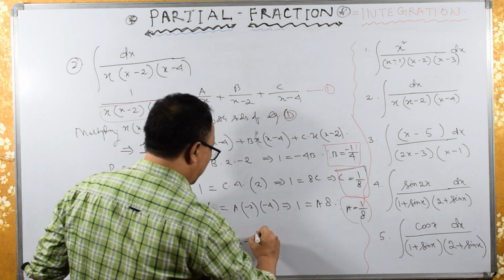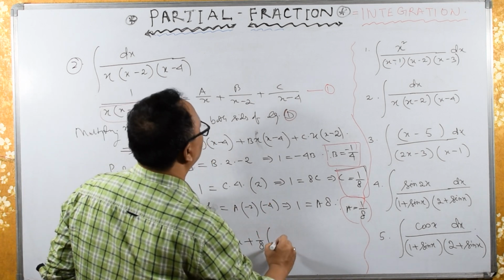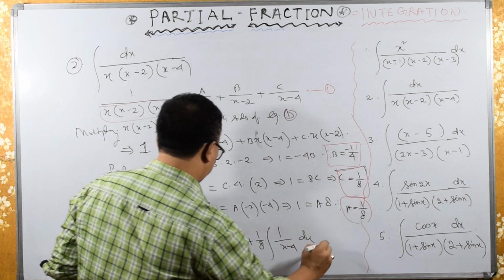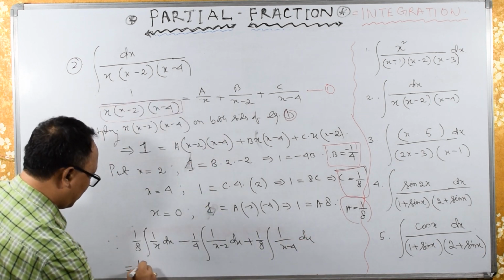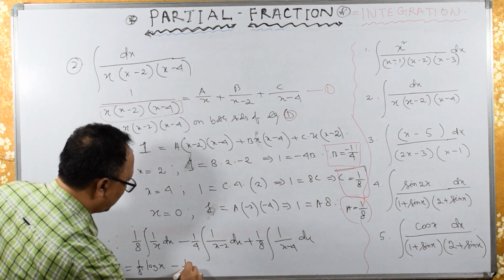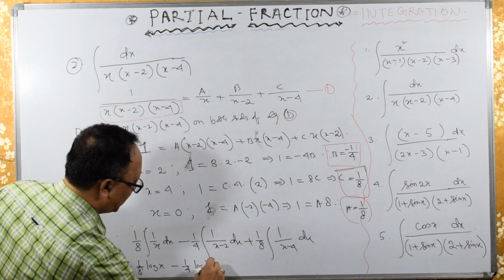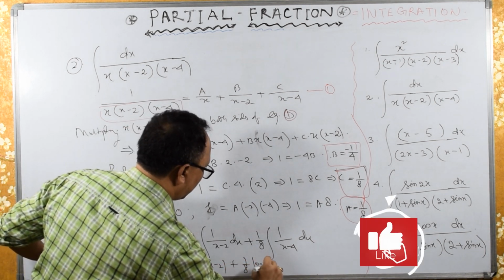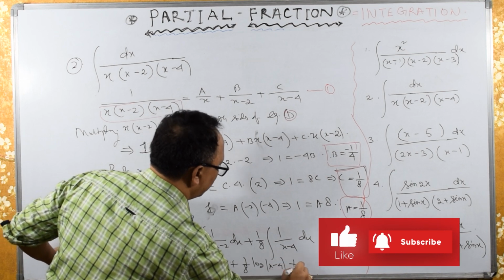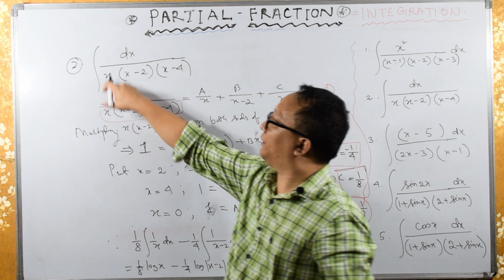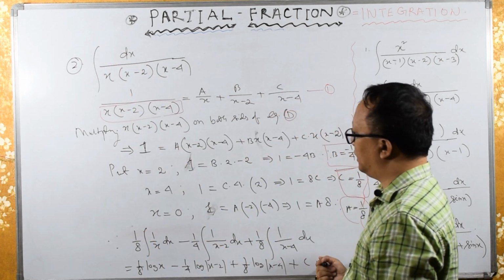C is 1 by 8, integral 1 upon x minus 4 dx. This is the same as 1 by 8 log of x minus 1 by 4 log of x minus 2 plus 1 by 8 log of x minus 4 plus an arbitrary constant. Since it is an indefinite integral, just put some constant c.